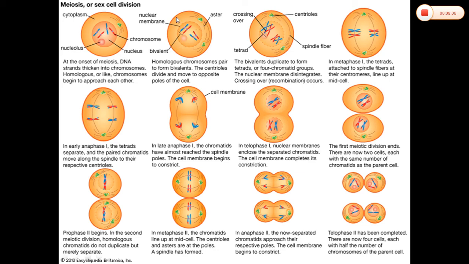Homologous chromosomes pair up, okay, and then in metaphase you can notice that the homologous chromosomes line up at the cell equator, forming one row, which creates gene diversity. Each side of the equator has chromosomes from both parents.